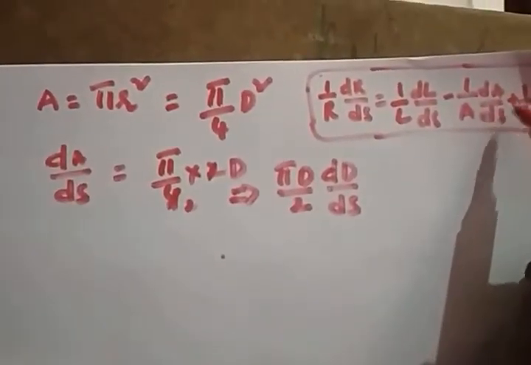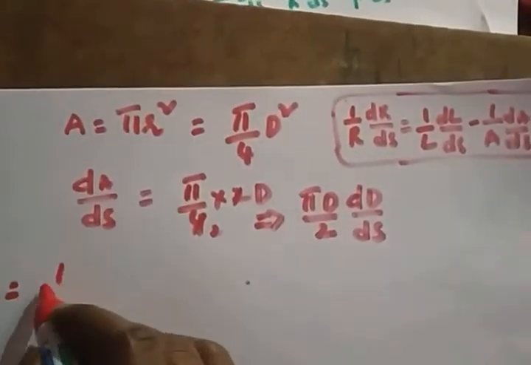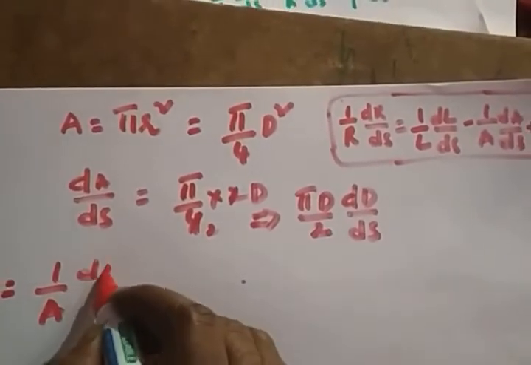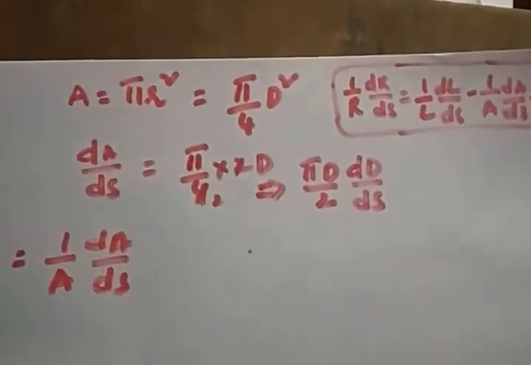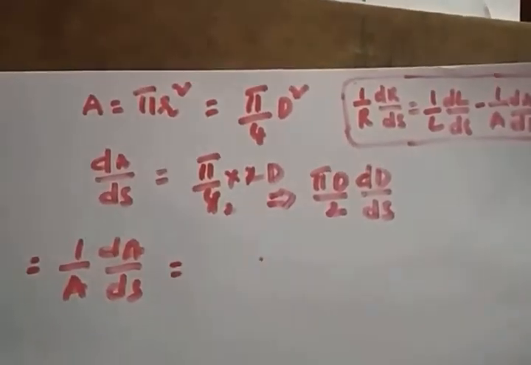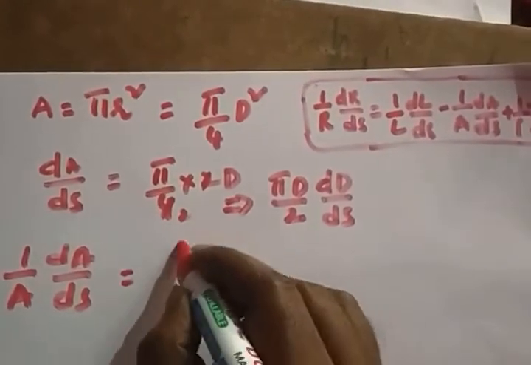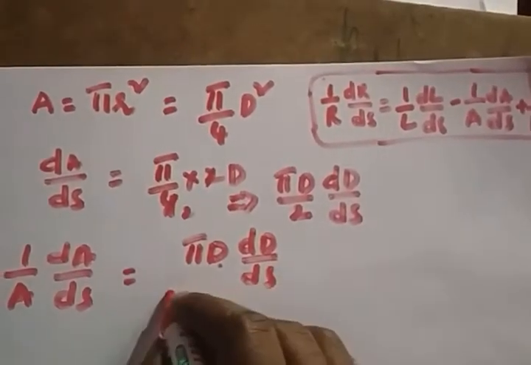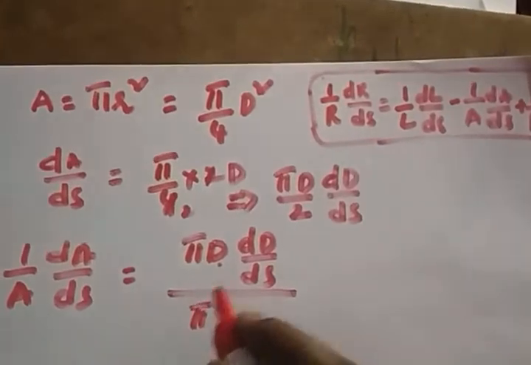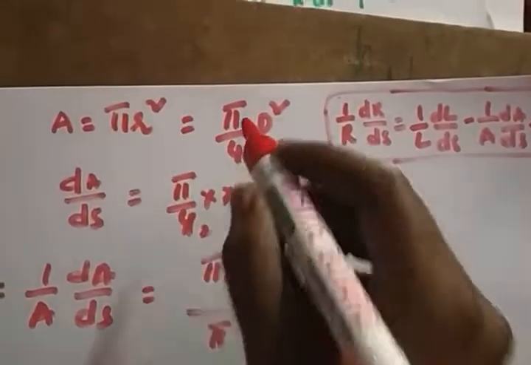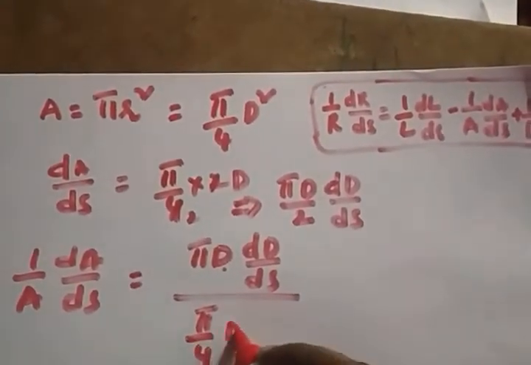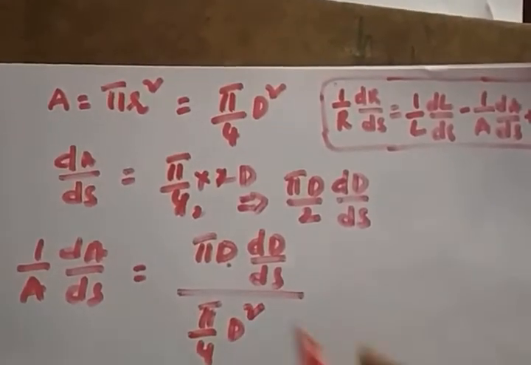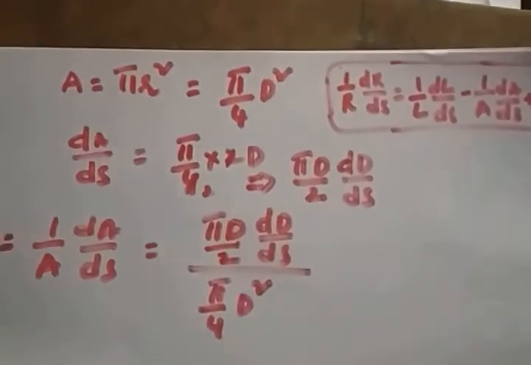Right? So what you are having, 1 by A dA by ds. For this we require 1 by A dA by ds. So then substitute here. 1 by A, here pi d dd by ds, and A means pi by 4 d square. So pi d by 2. Right?